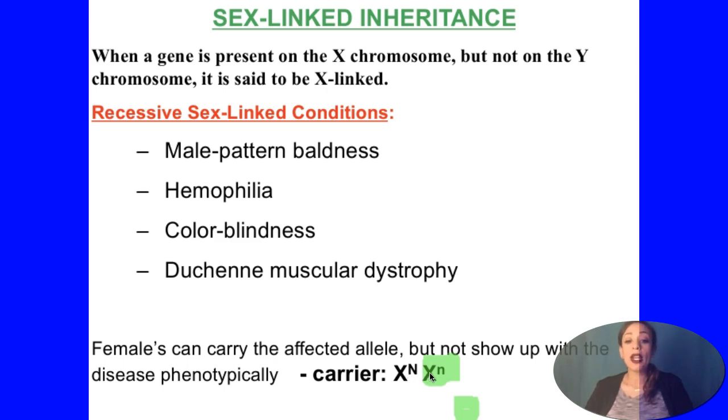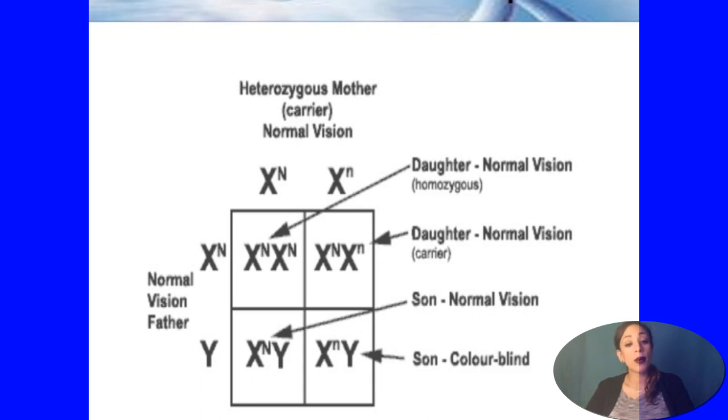Most females are going to be carriers, where I'm carrying this recessive allele, but since I have this one that dominates that one, I'm going to look phenotypically normal and I'm not going to have any of the actual symptoms that would come along with that disorder. And right here it's broken down very simply for you to look at for a little more clarification if need be.